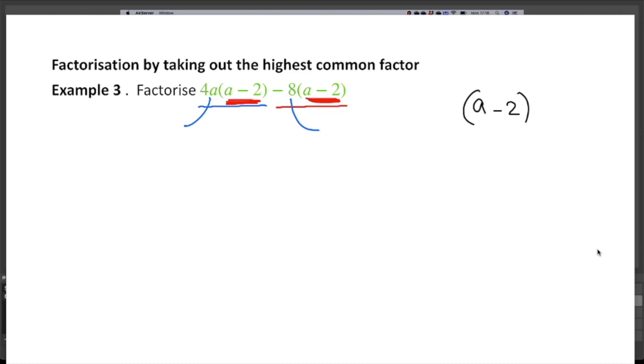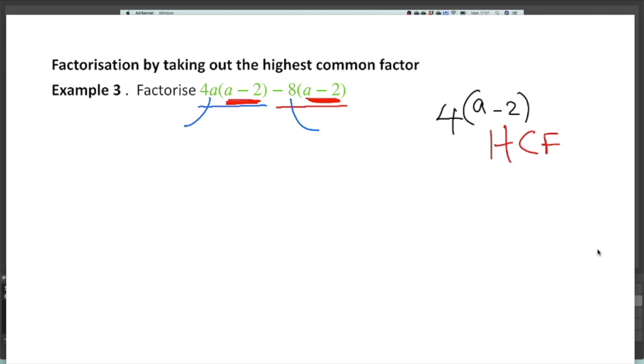So 4a and negative 8, you will notice 4 is common because 4 can be seen in 4a, and 4 is definitely a factor of 8. So your highest common factor is actually 4 brackets a minus 2. So that is your highest common factor.